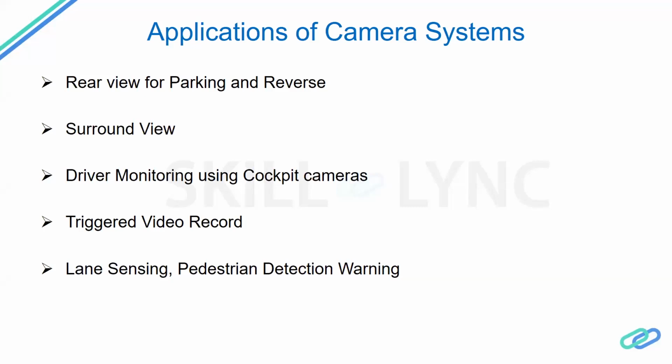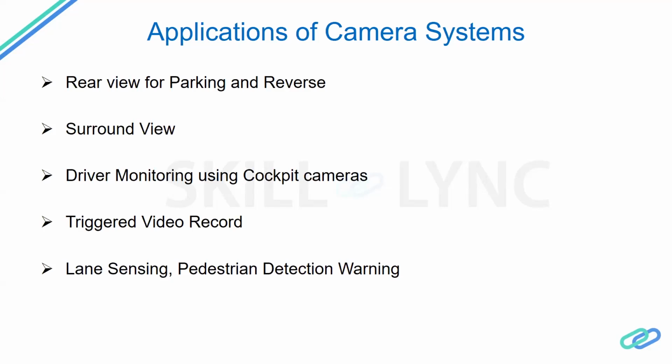Triggered video record: if you want to record the video of any view, that is, the rear view, the side view, the front view, or the surround view, you can enable this triggered video record, and it gets recorded to the attached memory through the USB port of the vision control unit.